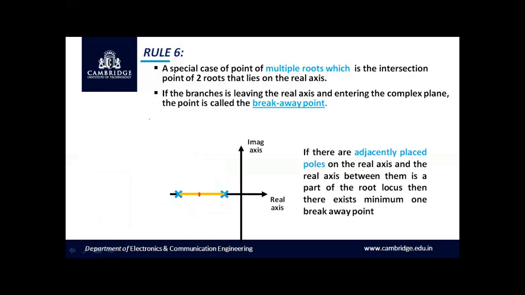And again, you have to check for this condition, which says that the branch is leaving the real axis and entering the complex plane. In this example, the branch is trying to leave the real axis and enter the complex plane, both the branches emerging from both the poles. Hence, you can say this point is the breakaway point.